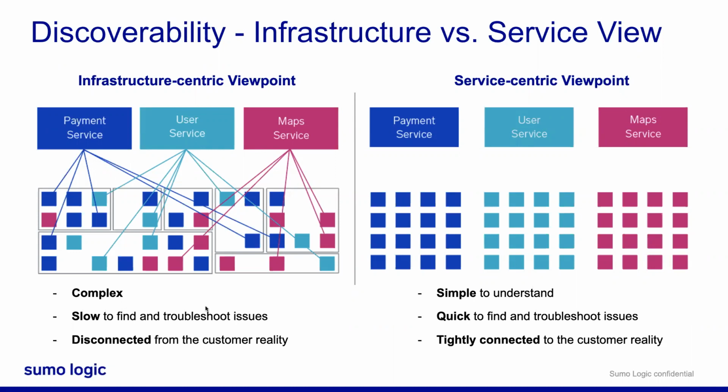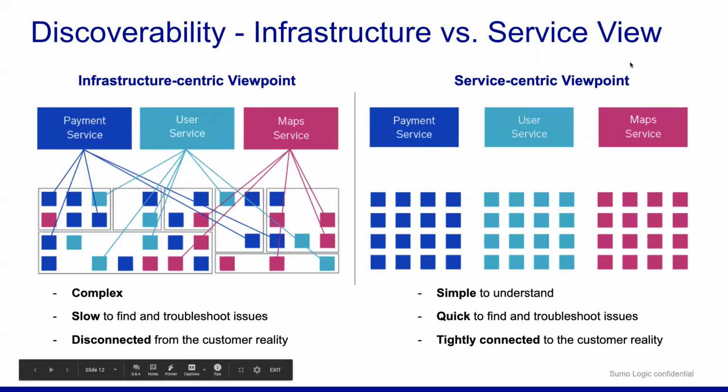It's complex, it's slow, it's really hard to find what you're looking for. And the big thing here is it's disconnected from the customer reality, because as I mentioned before, what's exposed to the world? Services. Your customers don't care that you're running Kubernetes. They care about the services that you are exposing to them.